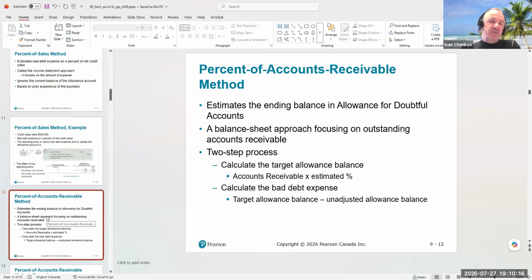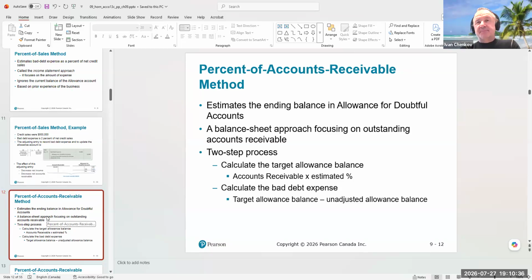That means once we come up with the balance, we have to check what's the beginning balance, if there's a balance from before, and we have to adjust, most likely add a credit, to match the balance that we just calculated.